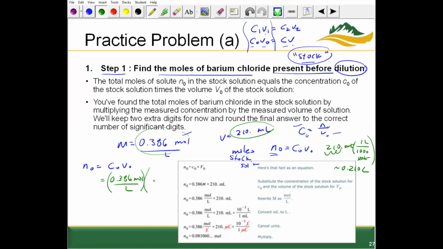Now we can multiply this by 0.386 moles per liter. Liters cancels out, and we have our number of moles to be about 0.081060 moles. This is the number of moles in our stock solution.